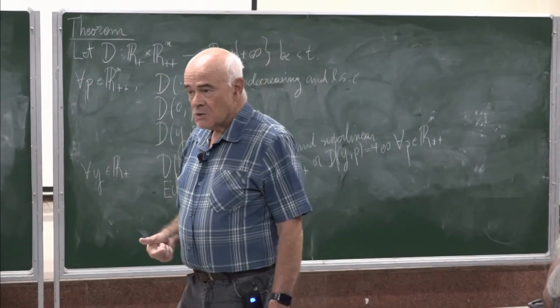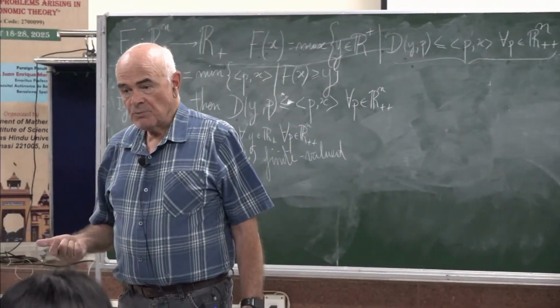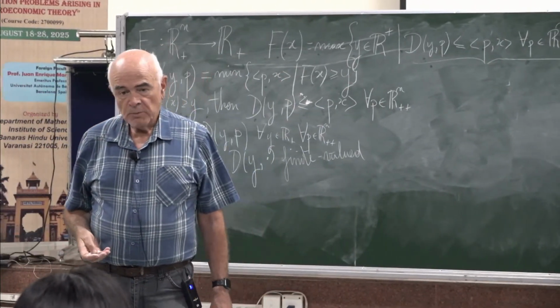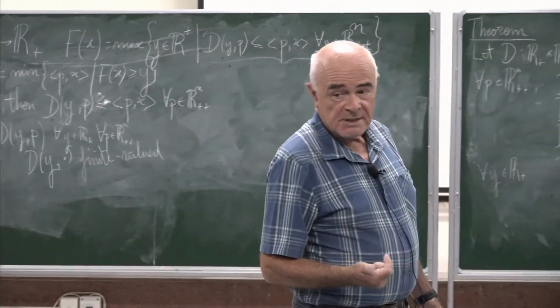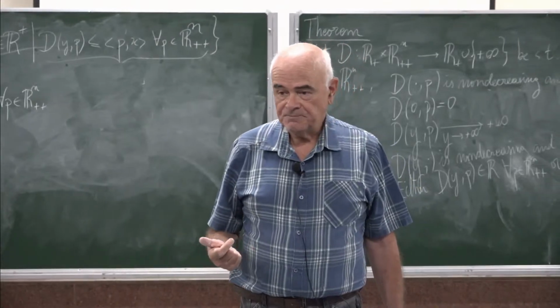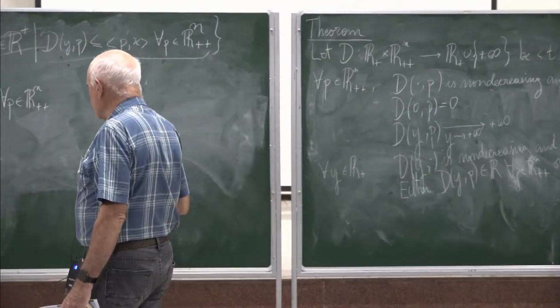Okay? So I can take a subgradient. The subdifferential is non-empty. We proved that. Well, but here we are dealing with concave. So what exists in this case is a supergradient. We have to reverse the inequality.